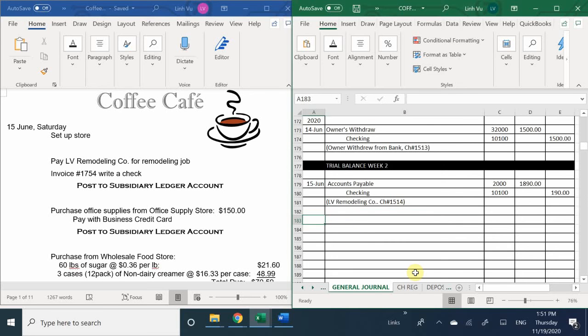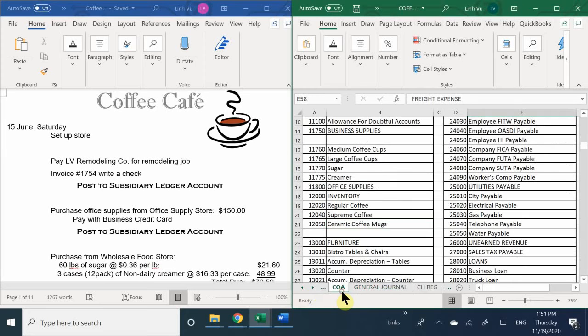So we will obviously start with the journal, and we will start with the date of the 15th. We will look at my chart of accounts. We bought office supplies. So it's an operating expense is where I'm going to be looking.